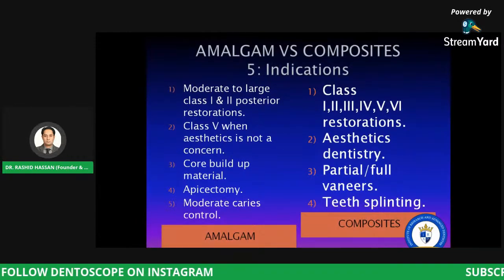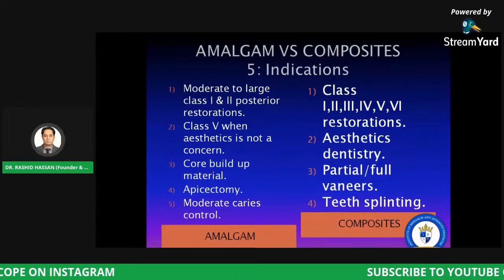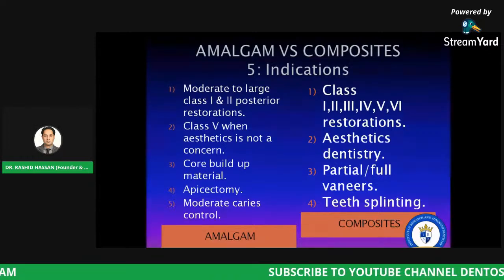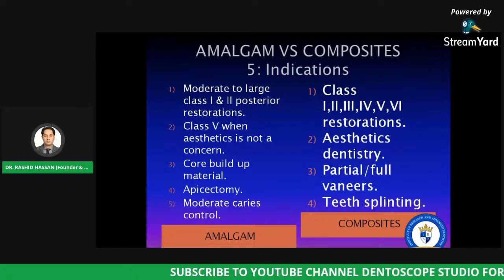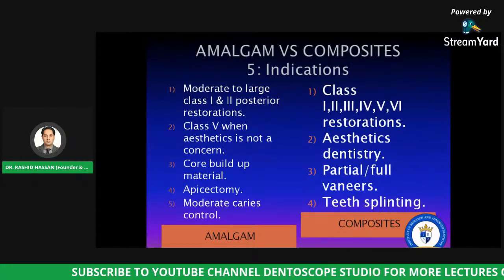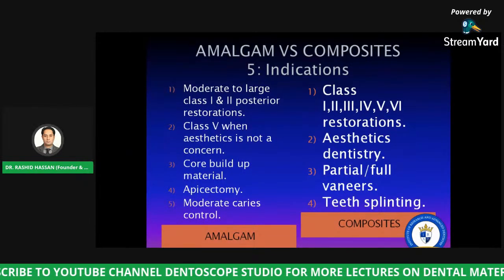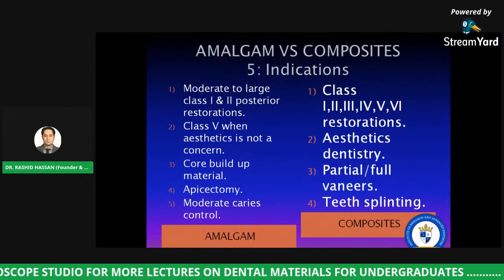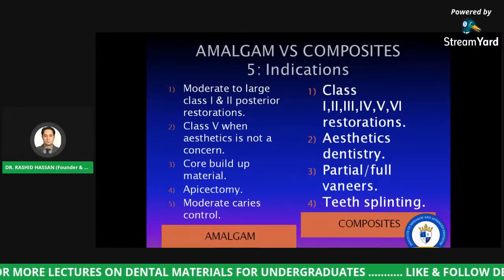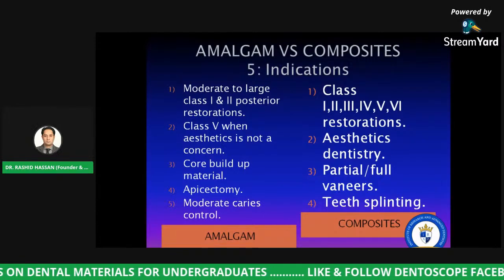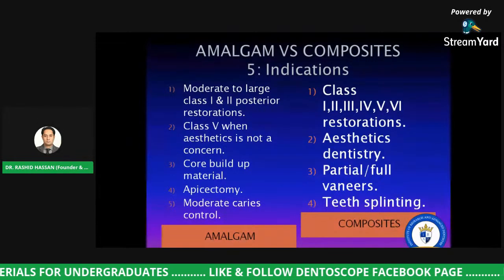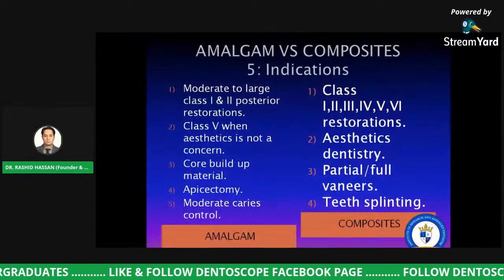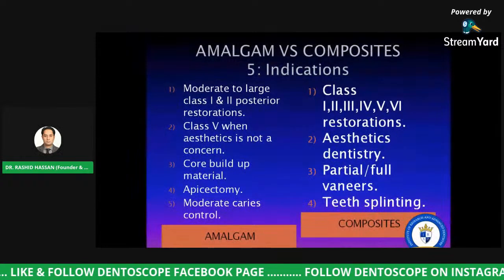Well, dental amalgam is the material of choice for the core buildup. If the tooth is badly broken, it has a large amount of caries, what exactly do you do? You remove the carious lesions, and let's suppose it is involving more than 2 or 3 walls of the tooth, then you are going to be left with a very small tooth structure.